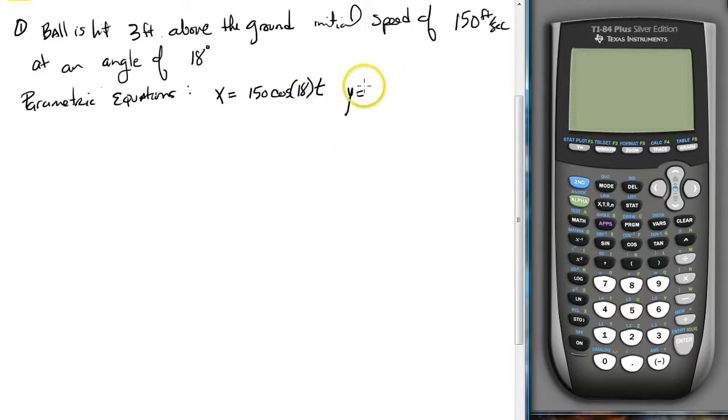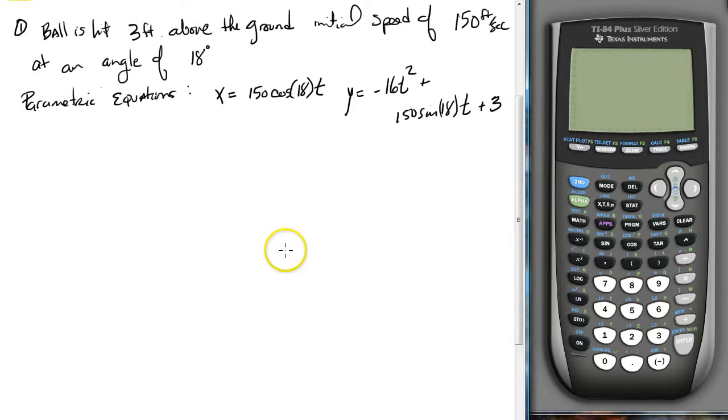And the y value is going to be negative 16t squared, gravity pulling down, plus 150 sine 18 degrees times t, plus the height of the ball to start with, where you hit the ball, which was 3.